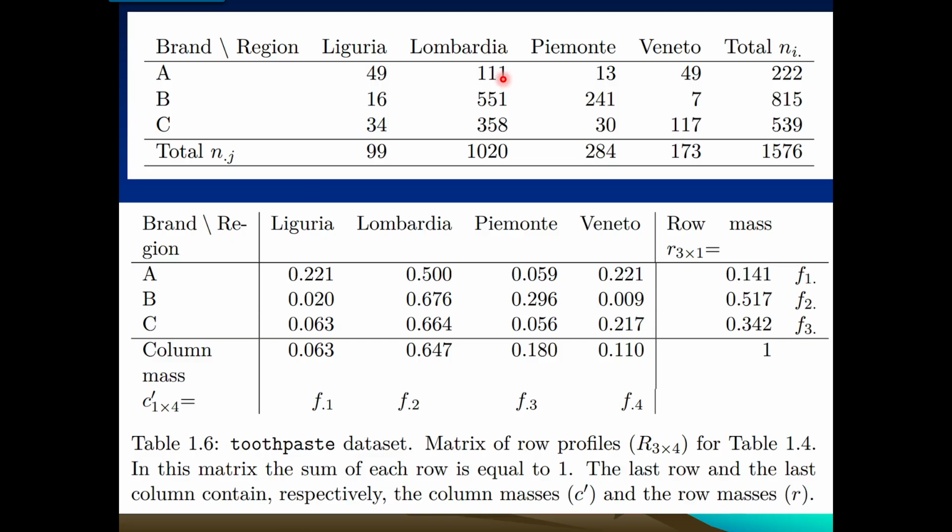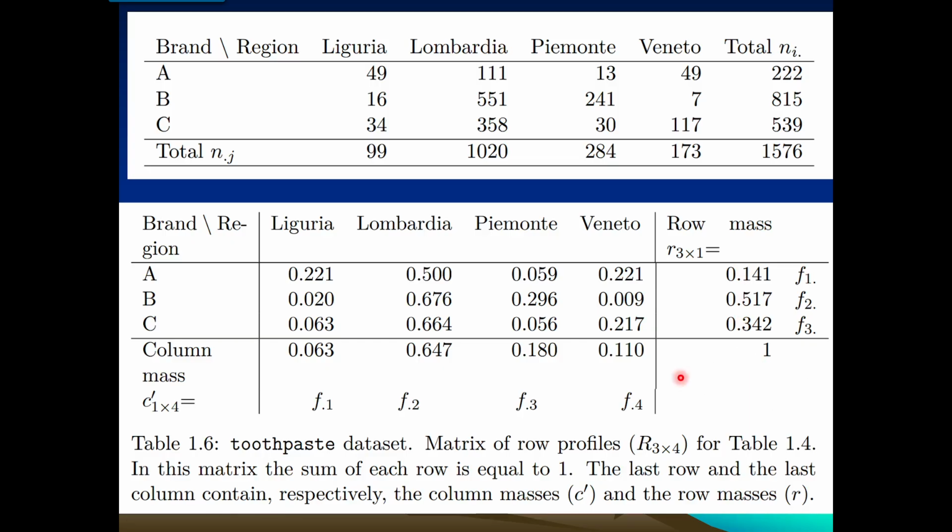So you divide each entry by the total of the row. Therefore, 0.221 is 49 divided by this. 358 divided by this number here is 0.664. This is the matrix of row profiles.